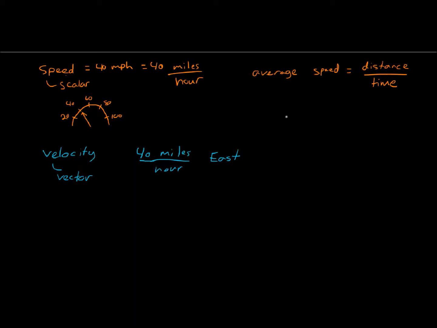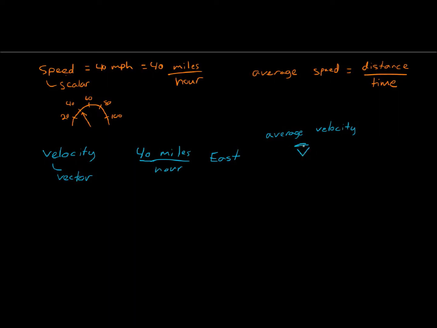So we can say that the average velocity, and I'm going to introduce a new symbol here, the symbol for average: v, which is velocity, with a little flat line over it.